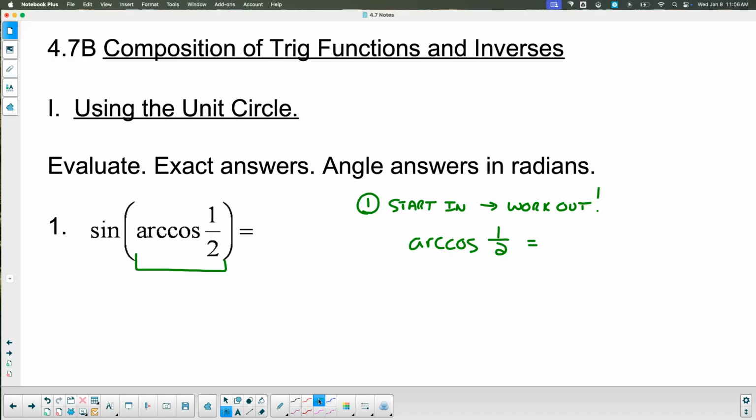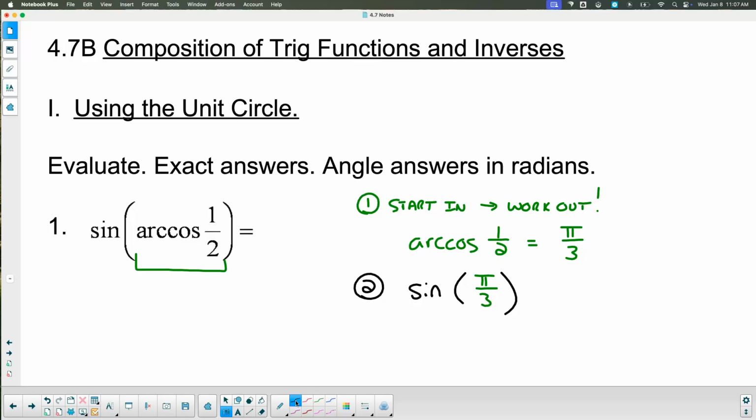So now I have the sine of pi over 3, because arc cosine of 1/2 is pi over 3.